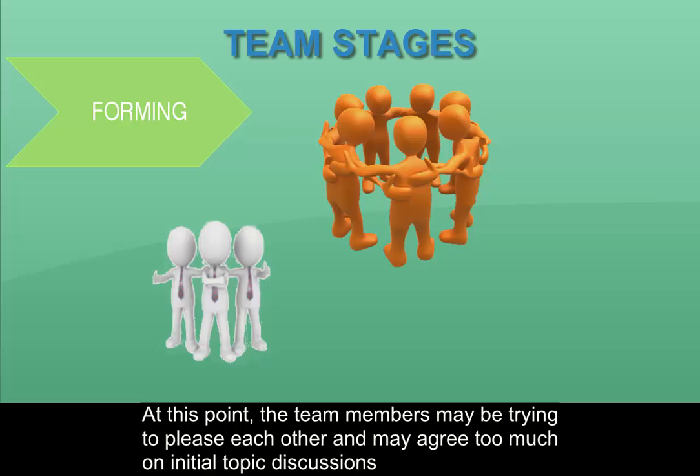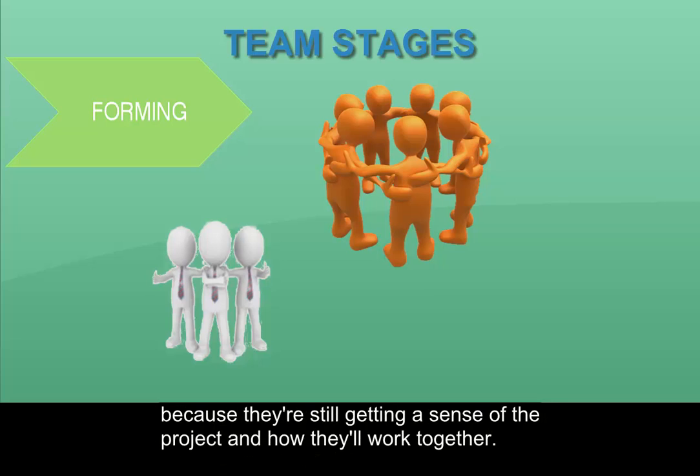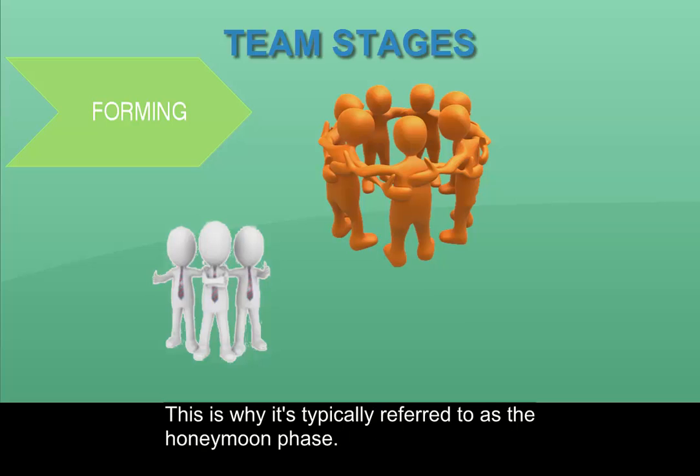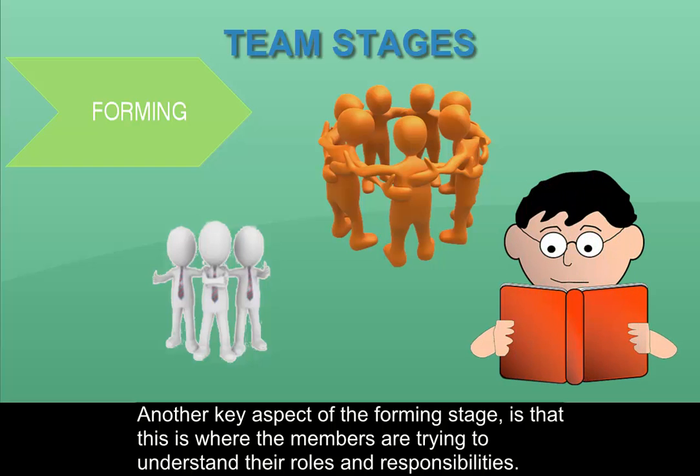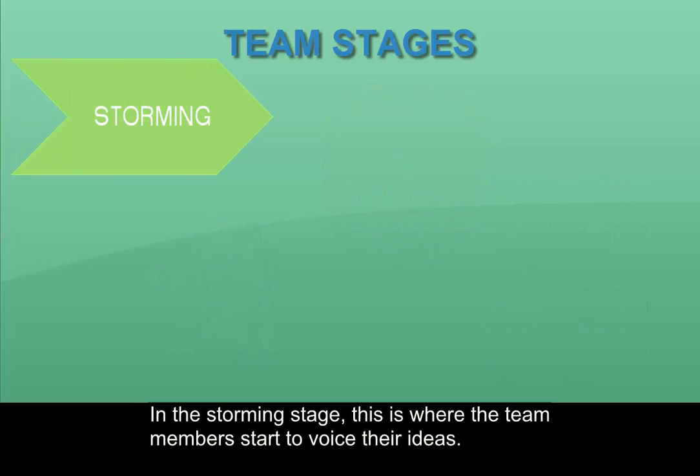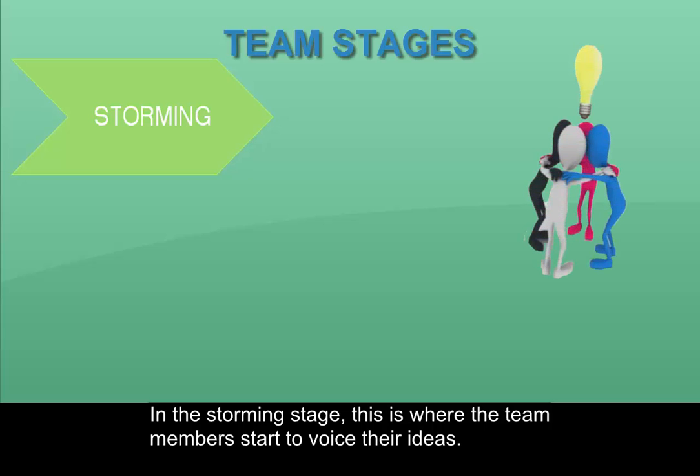At this point, the team members may be trying to please each other and may agree too much on initial topic discussions because they're still getting a sense of the project and how they'll work together. And this is why it's typically referred to as the honeymoon phase. Another key aspect of the forming stage is that this is where the members are trying to understand their roles and responsibilities.